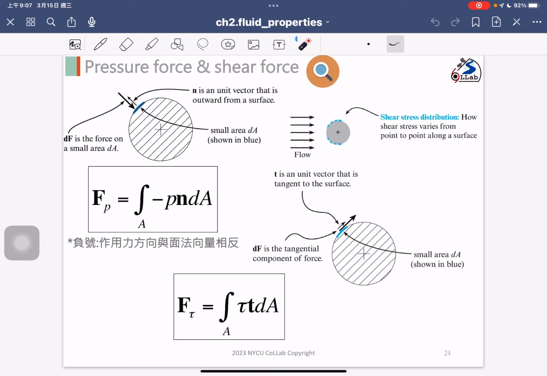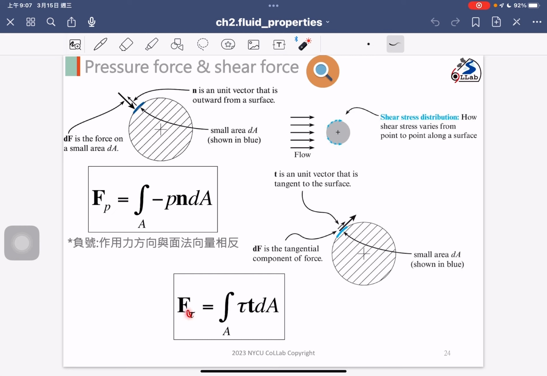But we always see the negative sign here. It indicates the pressure direction is always opposite to the normal vector of the surface. As you can see, this is a normal pressure stress, but the normal vector of the associated surface is in the opposite direction, so we need to have an additional minus sign here.